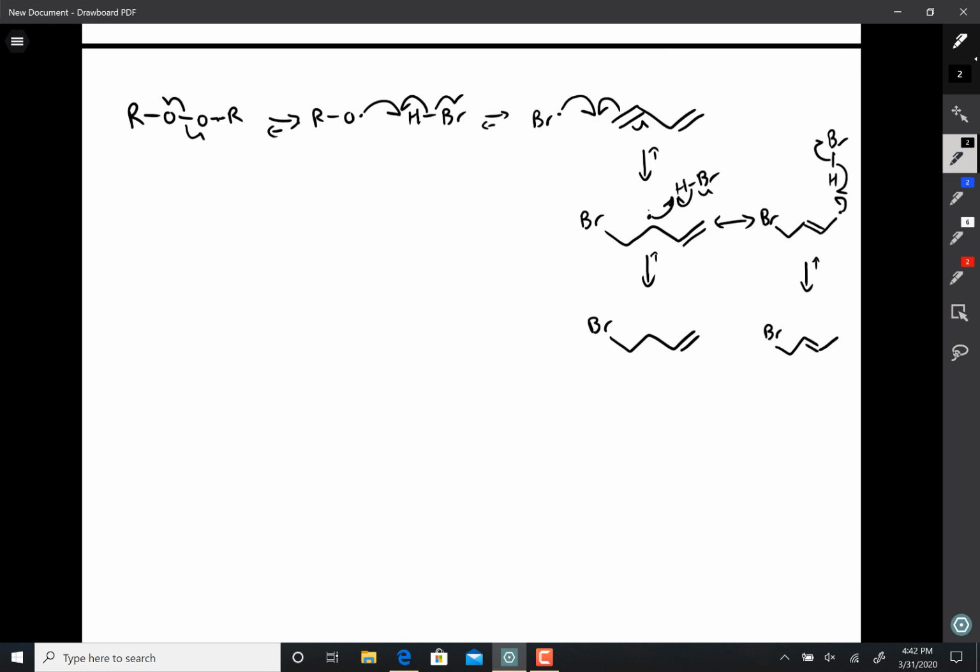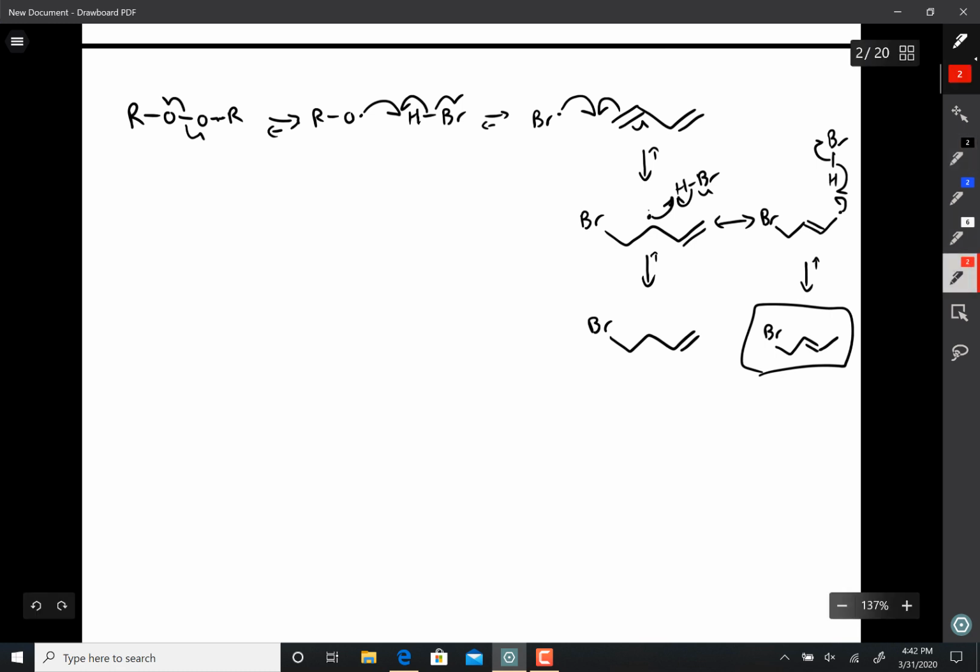Okay. Now, this is a mechanism question where I gave you the product and you had to draw a mechanism to the target product. In this case, the product was this. So that's what you had to draw a mechanism to. You didn't necessarily have to draw a mechanism to this one here.